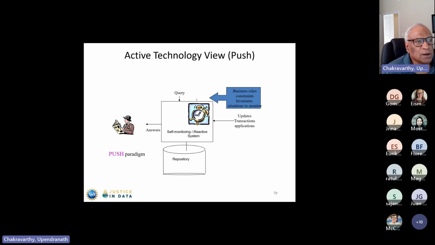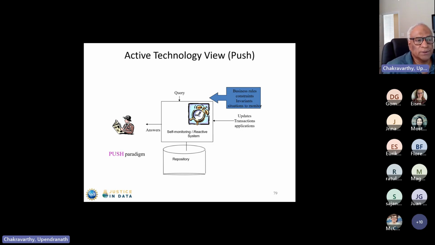But in order to incorporate this idea, a lot of research had to go into adding components to the system that would facilitate it. Some of the components were: you have to express what you want in some way, either as business rules or constraints or invariants or situations to monitor.